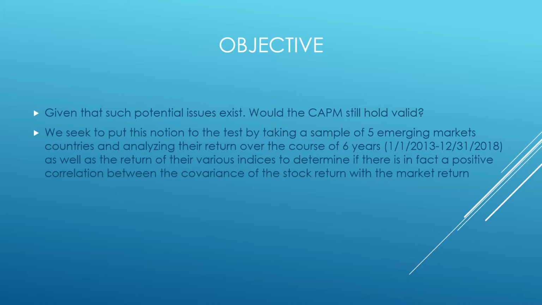So with this test, I took a sample of 5 emerging markets countries, and I analyzed their return over the course of 6 years, from the 1st of January of 2013 to December 31st, 2018, as well as the return of various indices, to determine if there was in fact a positive correlation between the covariance of the stock with that of the market return.